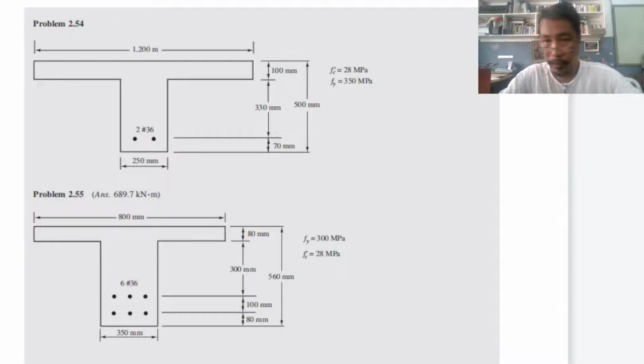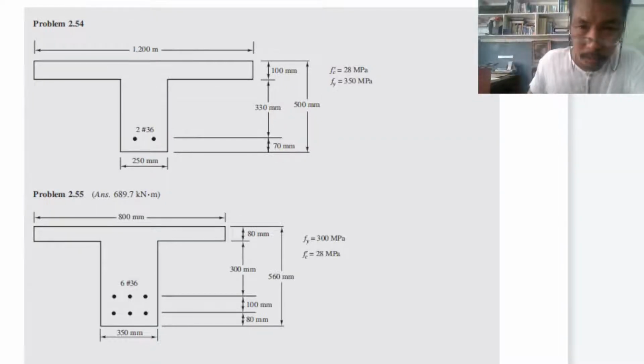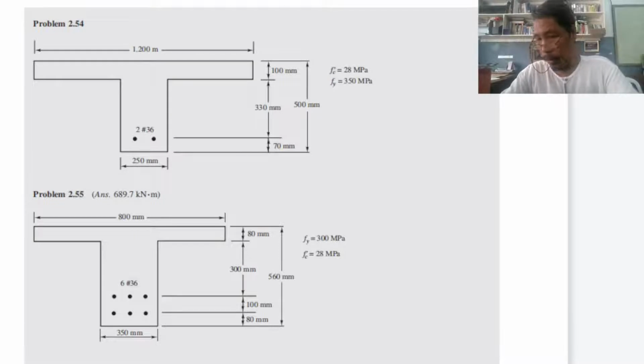We have the following given, as you can see. Focus on problem 2.54. I will show you our manual solution. In the manual solution, we copy the given, and then try to solve it.